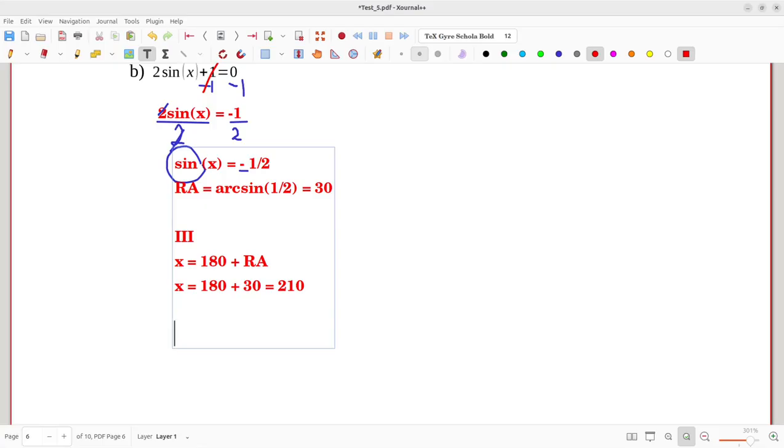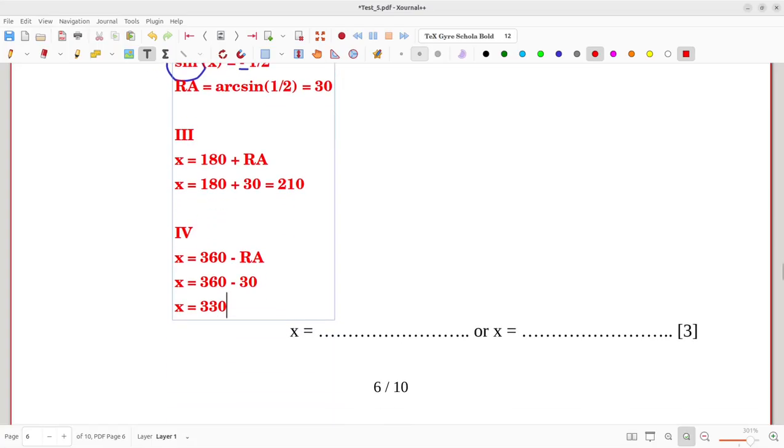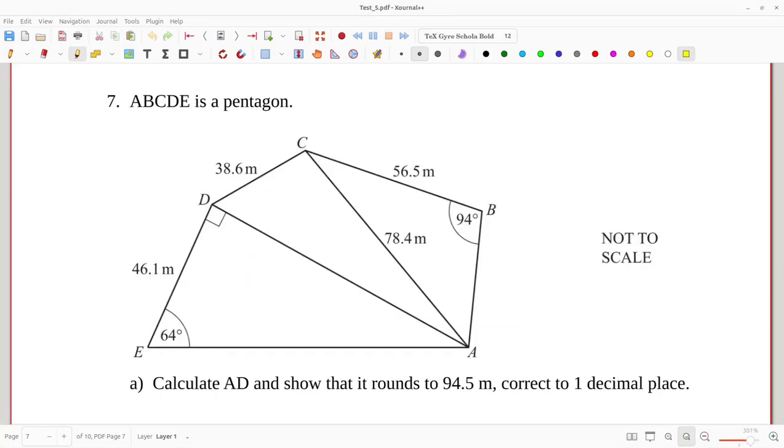And then the other one, it's the fourth quadrant. In the fourth quadrant, it's going to be 360 minus the reference angle. So x is equal to 360 minus 30, so your x will be equal to 330 degrees. Now let's go and put in the solutions there. 210 and 330.